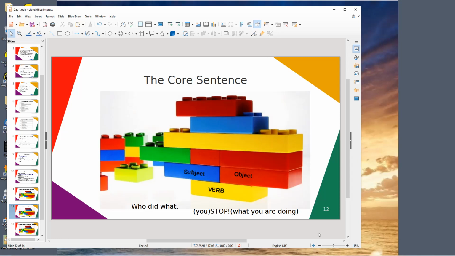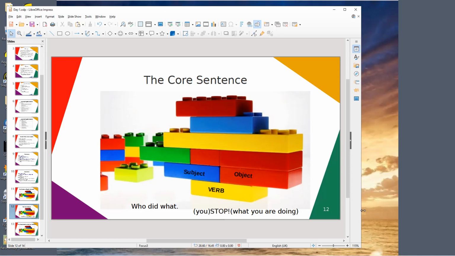Exactly. So what do all of these single word sentences have in common? What part of speech is that word? Imperative. Yes. Is it a noun? No, it's a verb, imperative verb. Exactly.